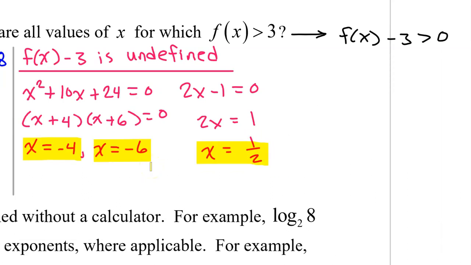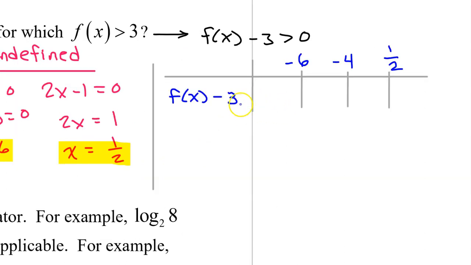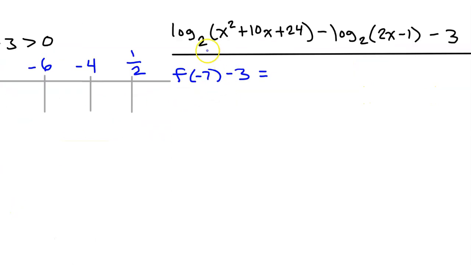Let's make a sign chart using these three critical values. We need to determine whether f of x minus 3 is positive, negative, or undefined in each interval. This big expression is f of x minus 3. We need to use a test value in each interval to see whether f of x minus 3 is positive, negative, or undefined.